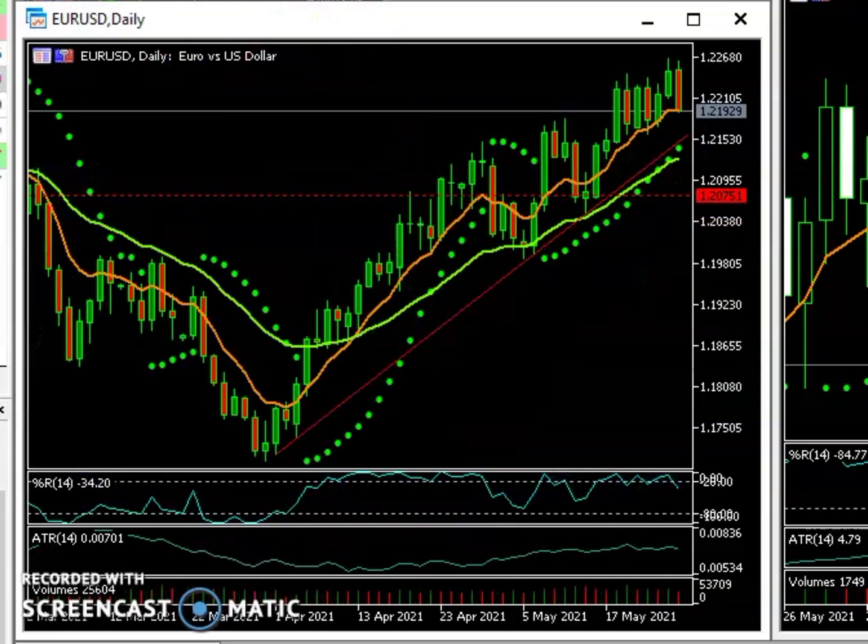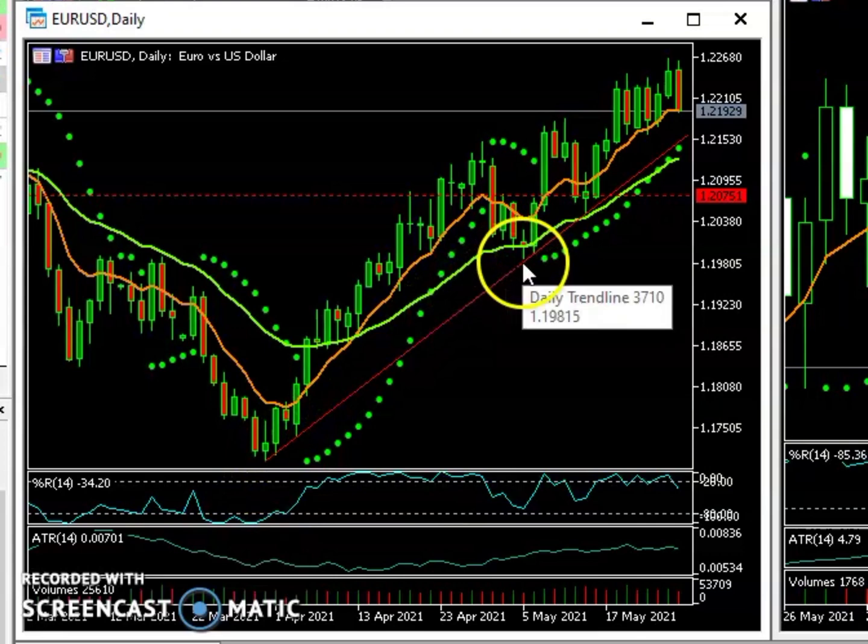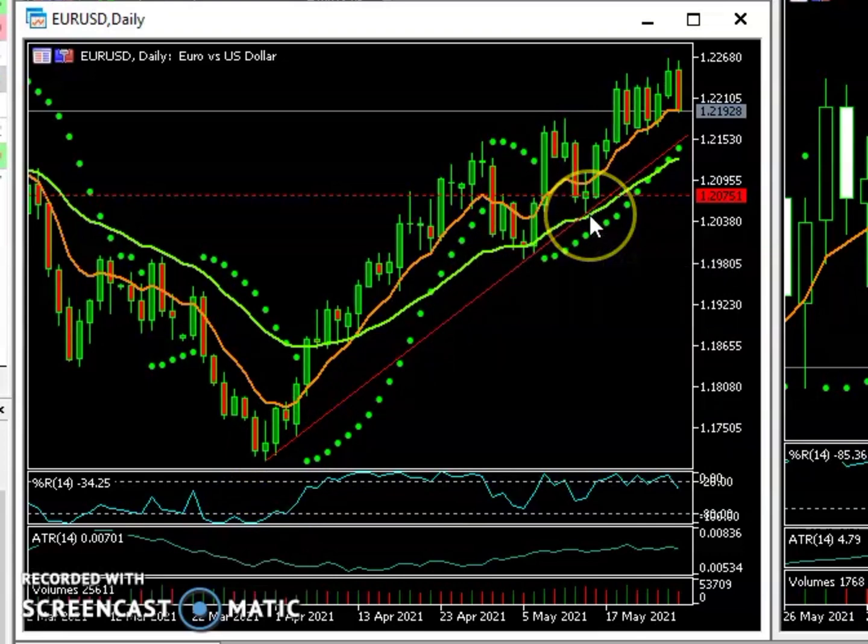If you look further, it's a real chart of today, and as you can see, it has 1, 2, 3, 4, 5, 6 touches. So you can imagine how strong this is.